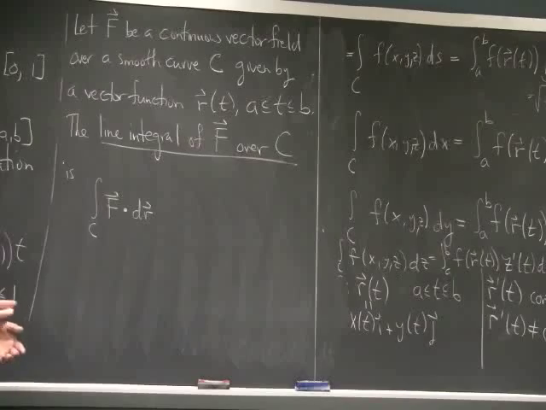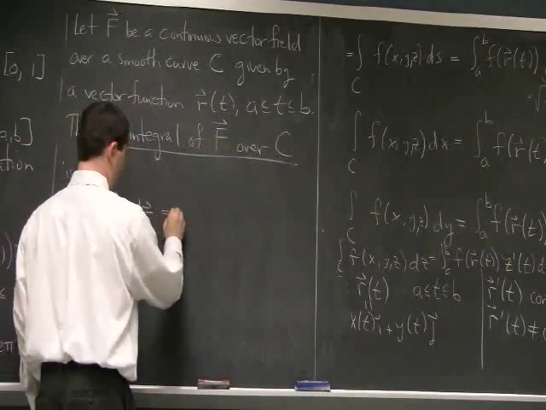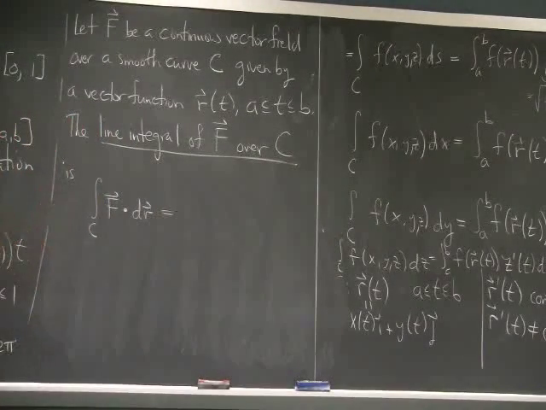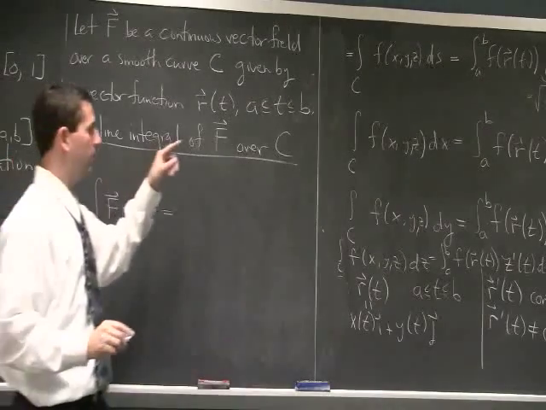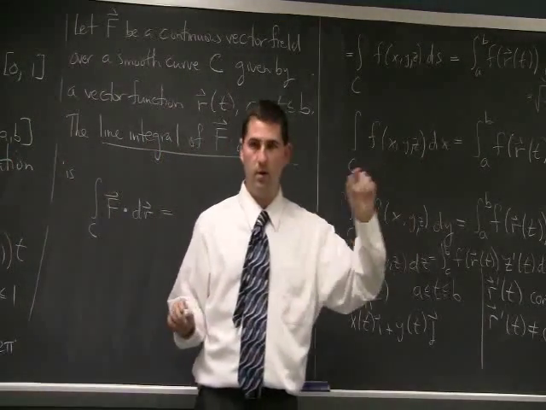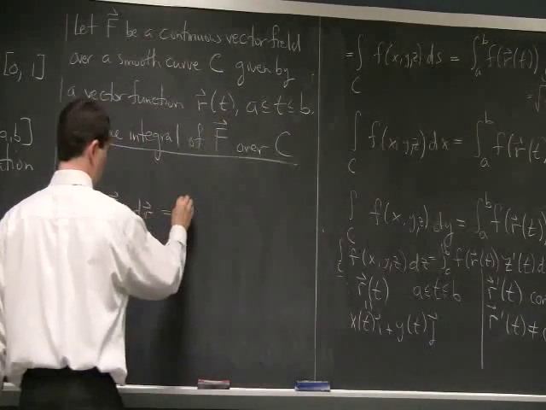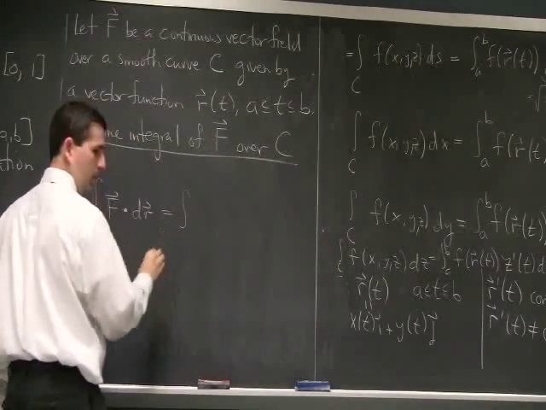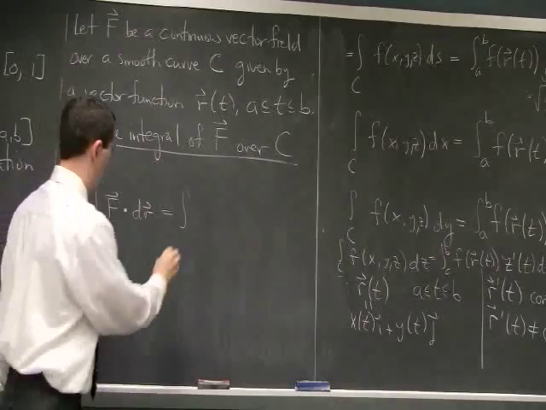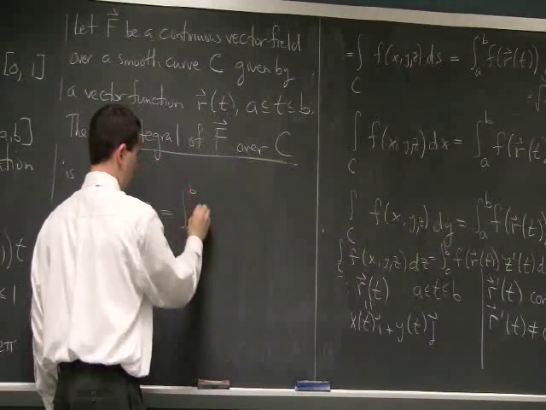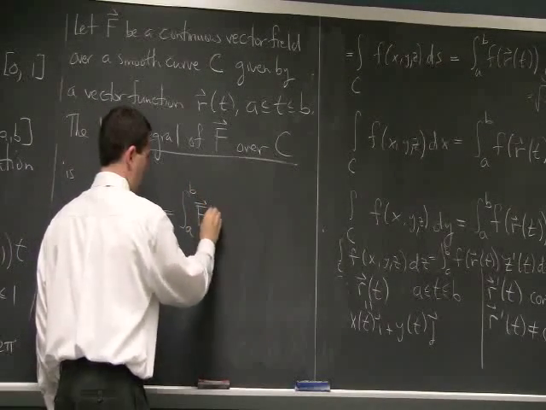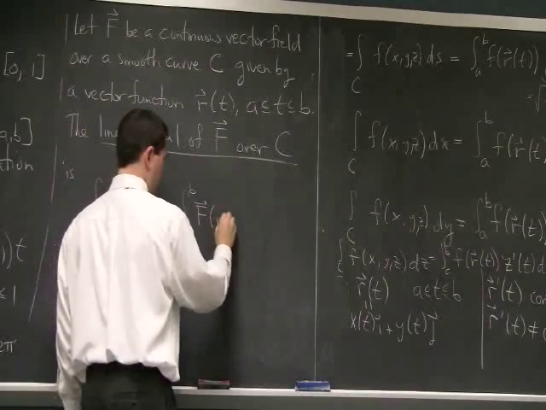And this is very strange notation. But to make this match up with what we're doing for line integrals, the way we're going to define this is it's going to be the integral from a to b, and then we're going to evaluate the vector field.